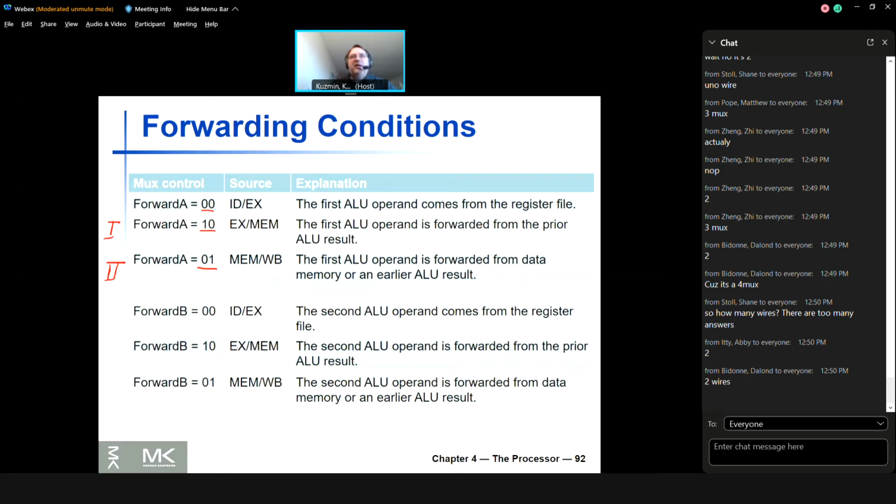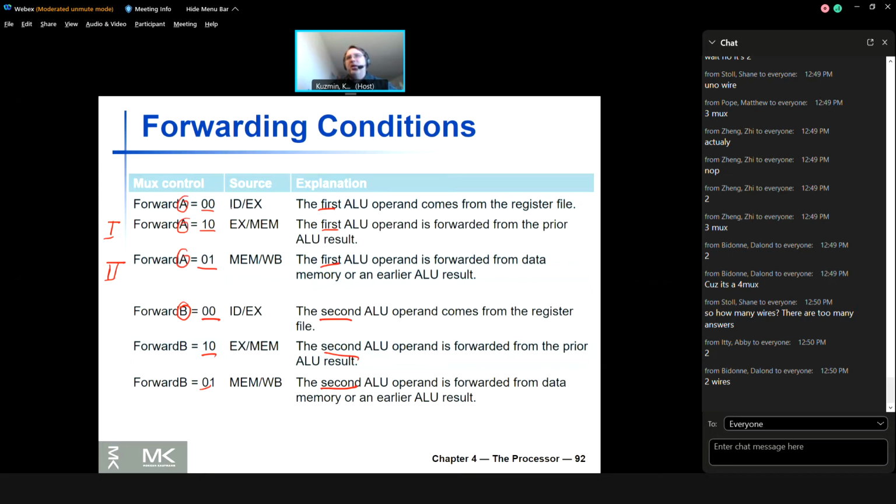And forward B is pretty much the same, just for the second operand. So here's the difference: first ALU operand, second ALU operand, all other things being equal. 0, 0, 1, 0, 0, 1, but it's forward B instead of forward A. That's the difference.